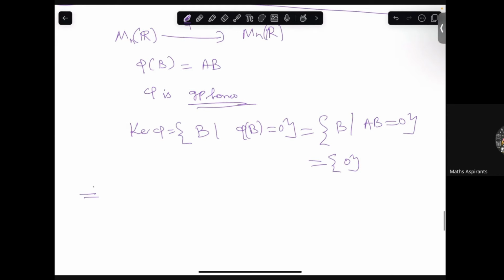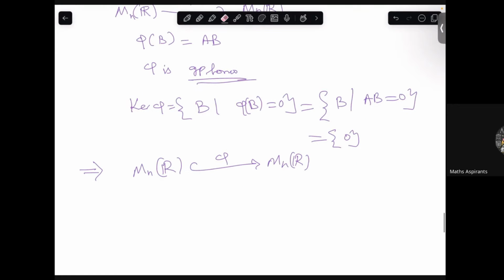So that implies phi on Mn of R is injective. Now use the power of rank nullity. It is an infinite thing, I know that it is infinite, even for n equal to 1. Use rank nullity.